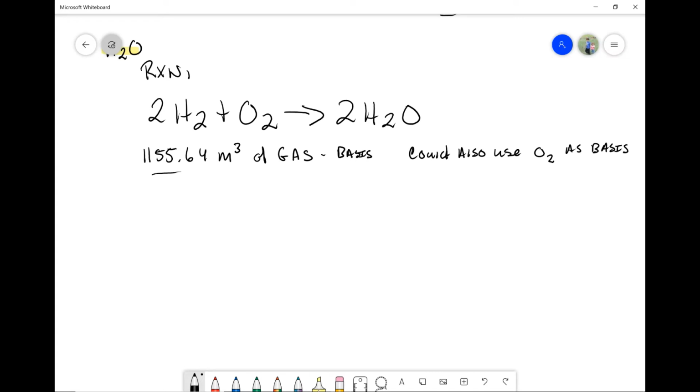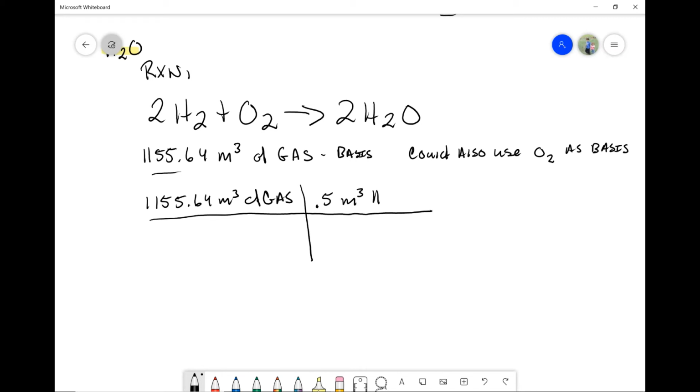So this first part is kind of familiar. There was 0.5 cubic meters of H2 in 1 cubic meter of gas.